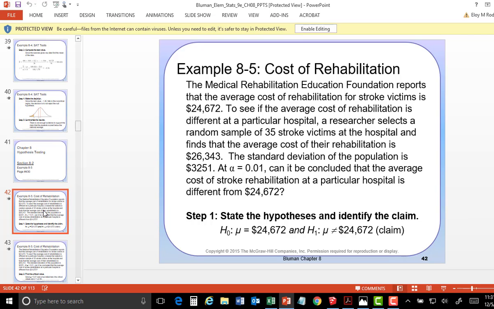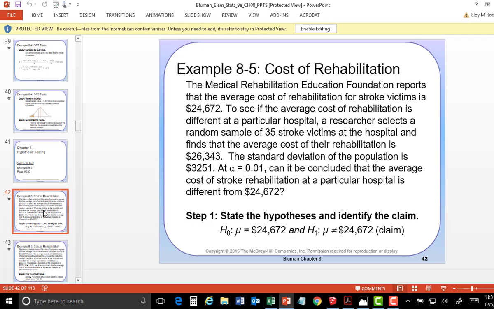So, let's see if I can come down here. Okay, let's take a look at it. The Medical Rehabilitation Foundation reports that the average cost for rehabilitation of a stroke victim is $24,000. To see if the average cost of rehabilitation is different at a particular hospital, a researcher selects a sample of n equal to 35 at the hospital, and finds the average cost of their rehabilitation is $26,343.